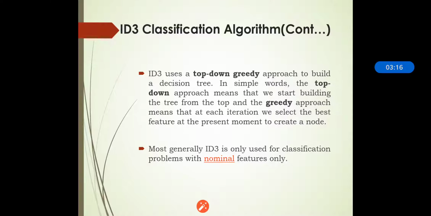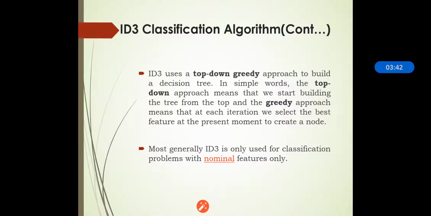When you are using this algorithm, the CLS algorithm is the base. CLS is nothing but Concept Learning System, in which the instances are considered and the nodes are of yes/no type. ID3 uses a top-down greedy approach to build the decision tree.